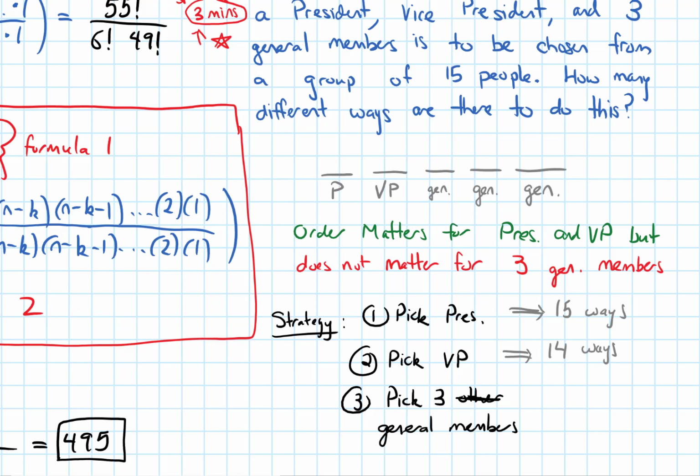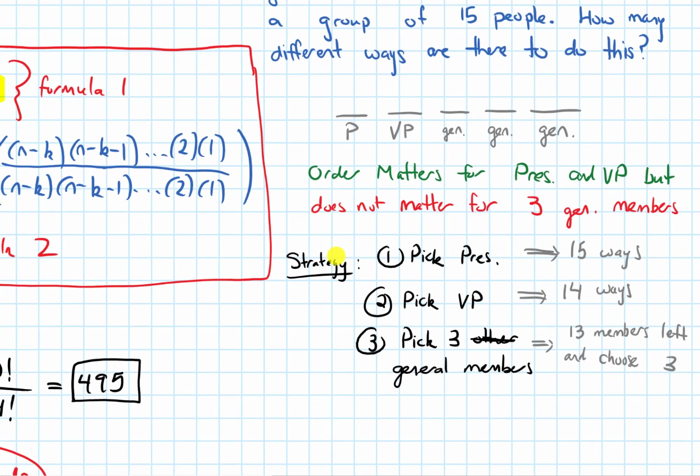And then finally, for the 3 general member spots, let's think about this in broad terms first. There's 13 members at this point left to choose from. Once I've picked a president and picked a vice president, 13 members left. And we are choosing 3 of them, and the order doesn't matter.